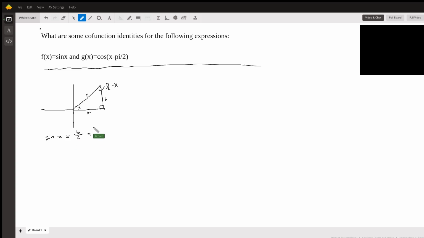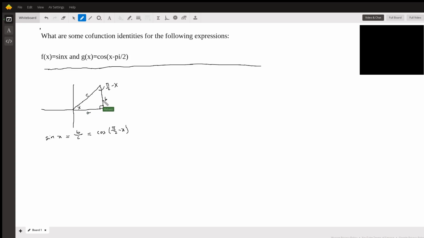You can also see that that's the cosine of pi over 2 minus x, because the cosine of this angle is adjacent over hypotenuse. This is all just SOHCAHTOA.